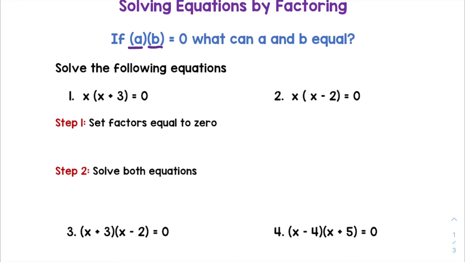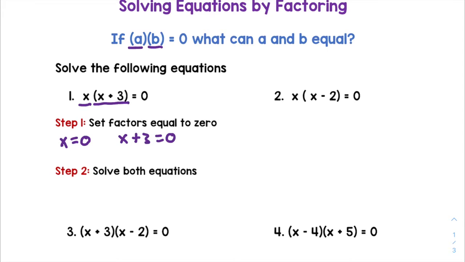Factors are the expressions being multiplied together. The first factor for problem number 1 is x, since the problem is x times (x + 3). I'm going to set each of them equal to 0 in the first step. And for our second step, I'm going to solve both equations in order to find our solutions to the equation.